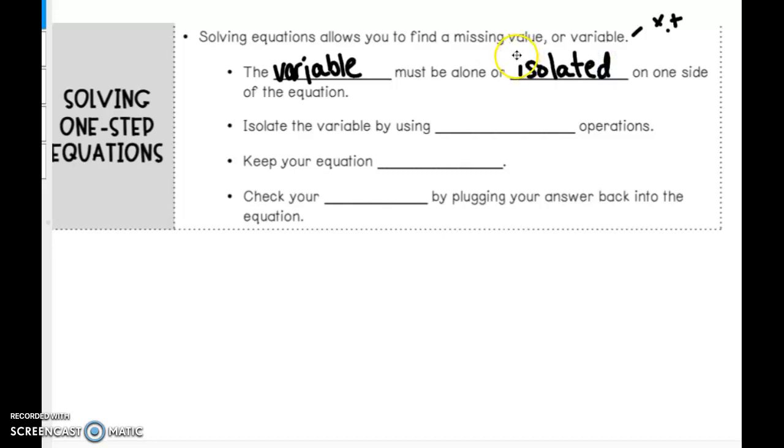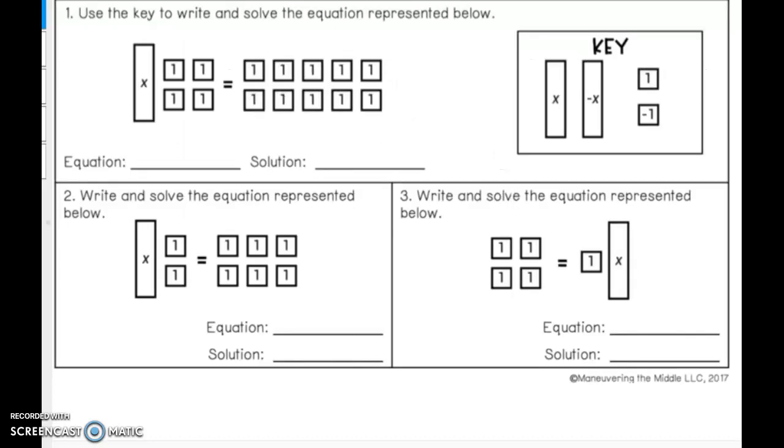That's the goal you're headed for. Isolate the variable by using an inverse operation. We're going to keep the equation balanced, and then we're going to check the solution by plugging our answer back into the equation and seeing if it stays balanced.